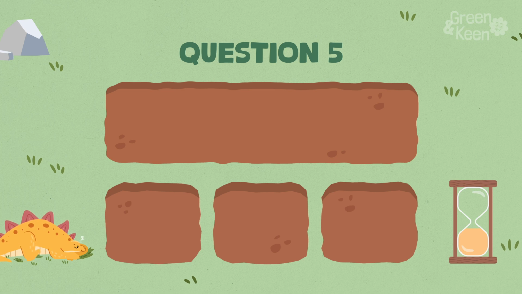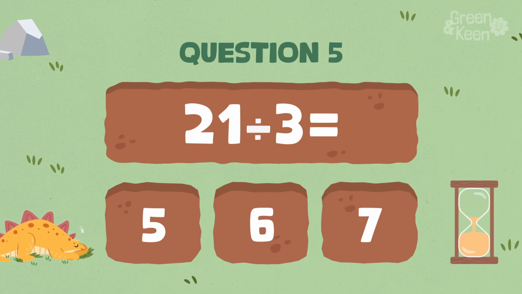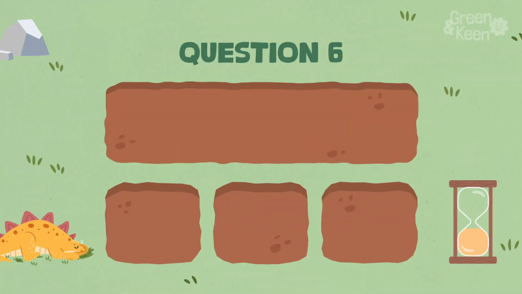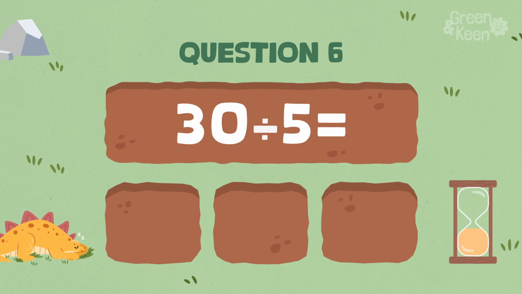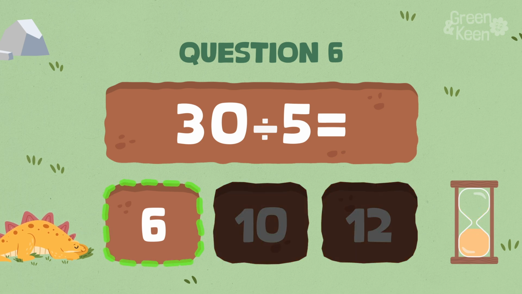Question number 5. 21 divided by 3 equals... The answer is 7. Question number 6. 30 divided by 5 equals... The answer is 6.